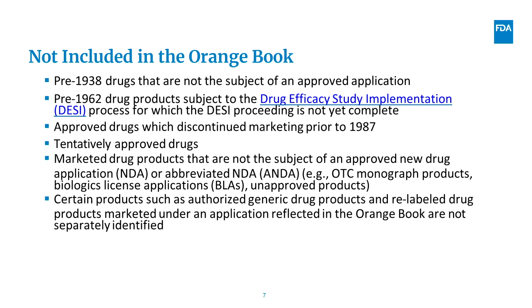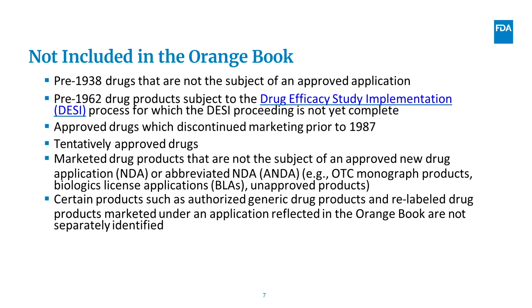Marketed drug products that are not the subject of an approved new drug application or abbreviated new drug application, or ANDA, are not in the Orange Book. Some of these examples would include OTC monograph products, biologics license applications, or unapproved products.